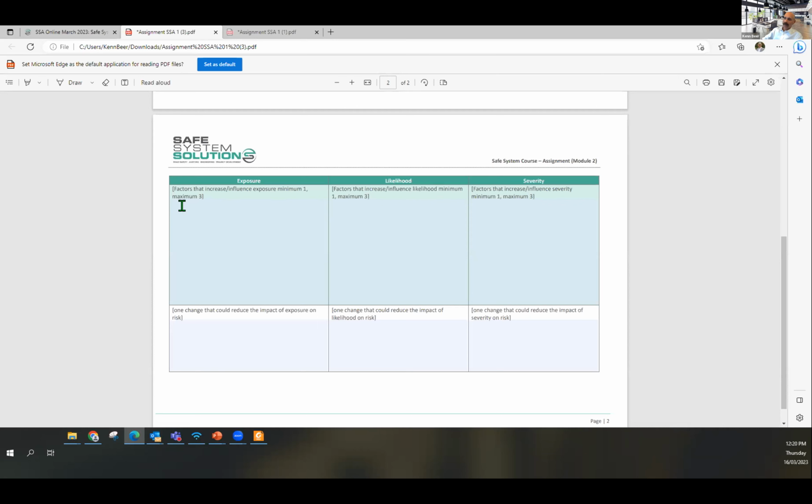So you write either 1, 2, or 3 here, no more than 3, dot points in there. And then you give us one thing that you could change that could reduce the exposure to crashes, one thing that could reduce the likelihood of crashes, one thing that could reduce the severity of crashes.